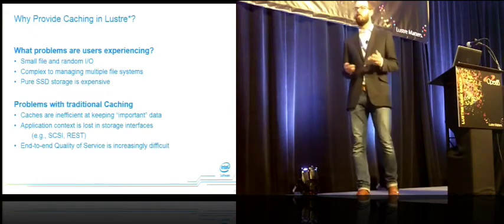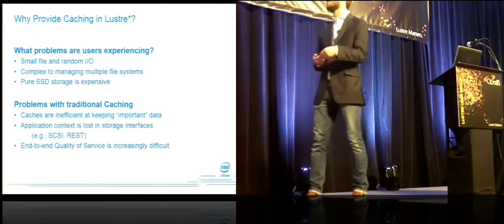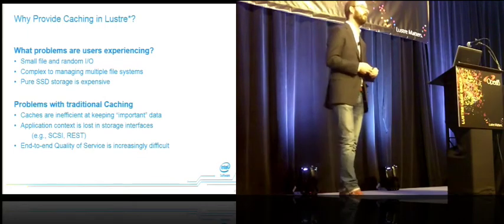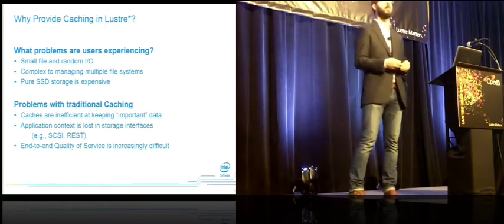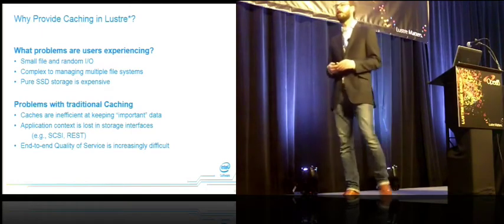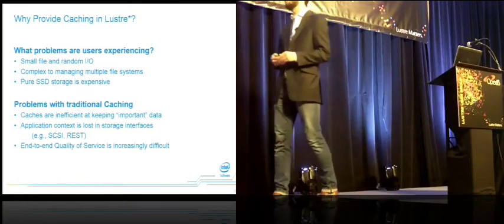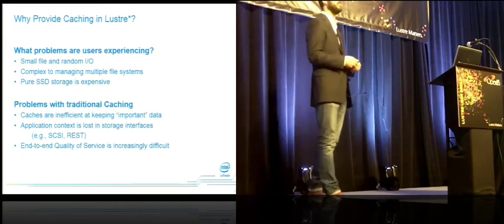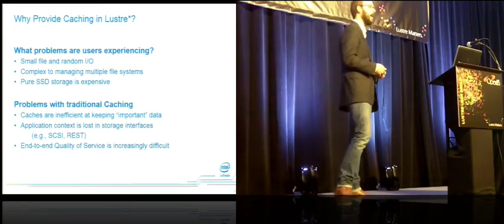First, why do this? Why do anything? There's a couple problems that we've noticed talking to some of our customers when we're working with Lustre. There's some things that Lustre does really well, sequential I/O, and there's some things that Lustre doesn't do quite as well with, so small file and random and things like that.